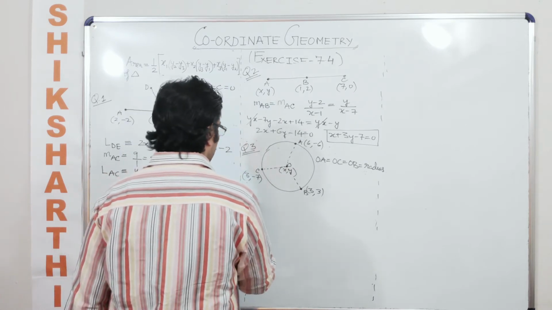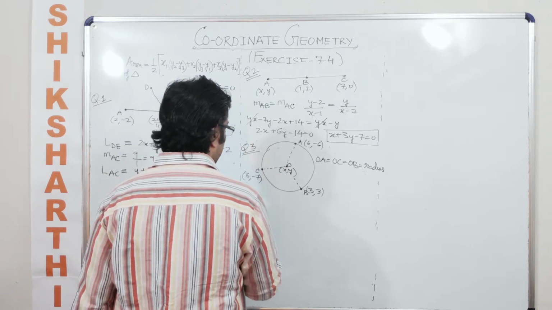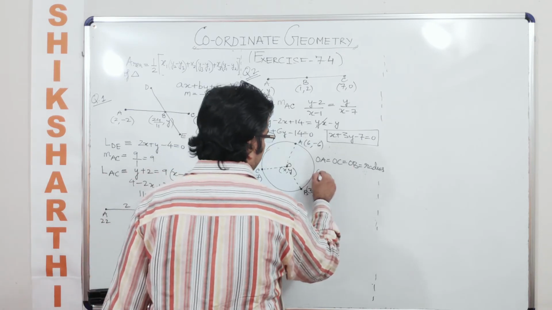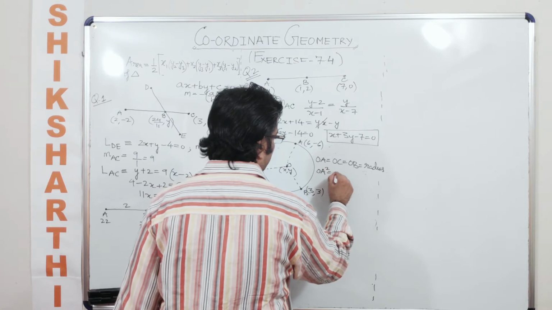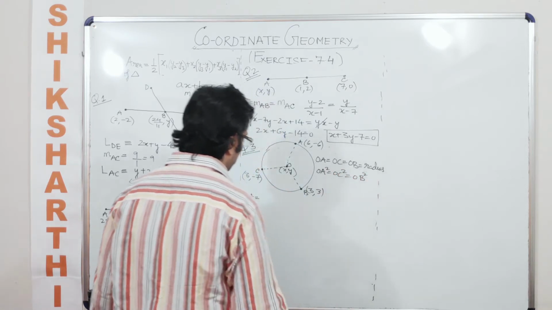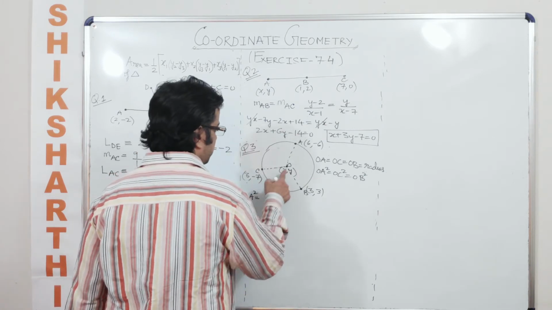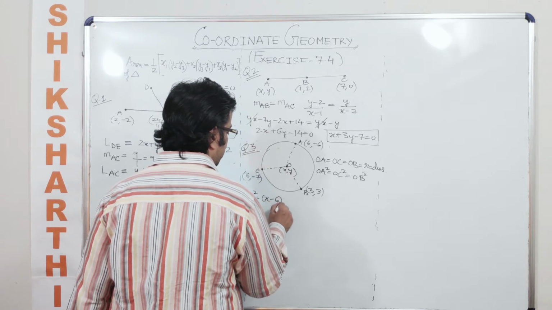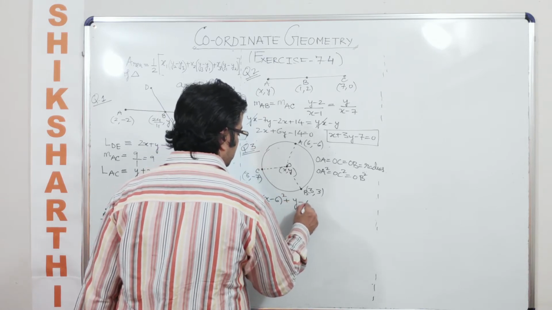In that case, what is the distance OA? Can we say that OA square will be equal to OC square is equal to OB square, which is equal to radius square? Of course. Without getting into the square root, OA square is nothing but x minus 6 whole square plus y minus 6 whole square.